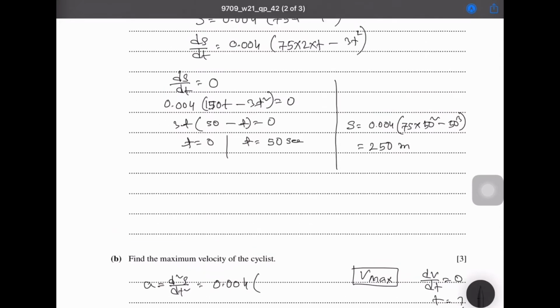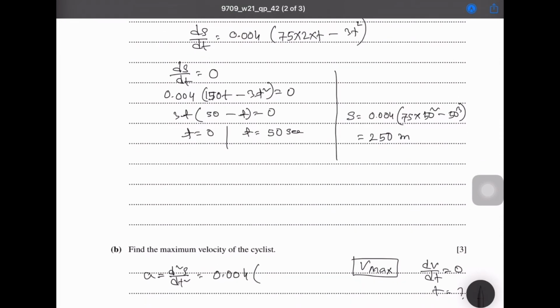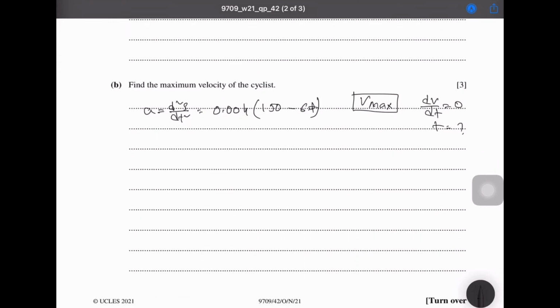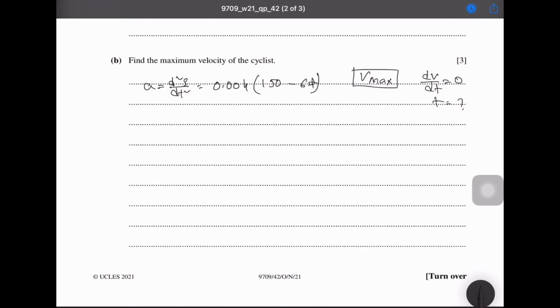0.004, then 150 minus 6t. To find maximum velocity, we need to write acceleration equals 0, then 0.004 times 150 minus 6t equals 0. 0.004 cannot be 0, so divide both sides by 0.004.